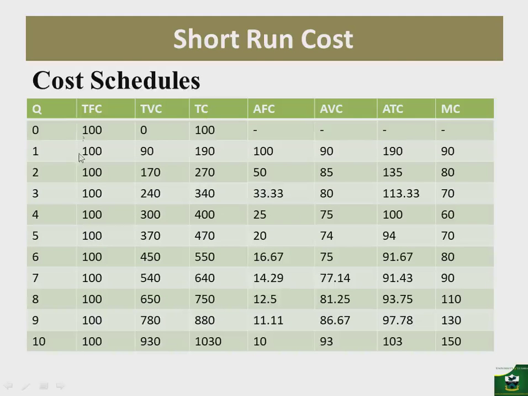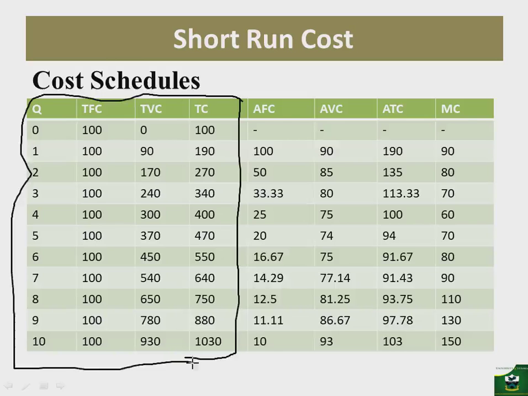These are the ones we saw in our previous session, which was simply on the introduction to the cost functions. So all this is something that we have already looked at. What we've added now is the average fixed cost, the average variable cost, the average total cost, and the marginal cost.